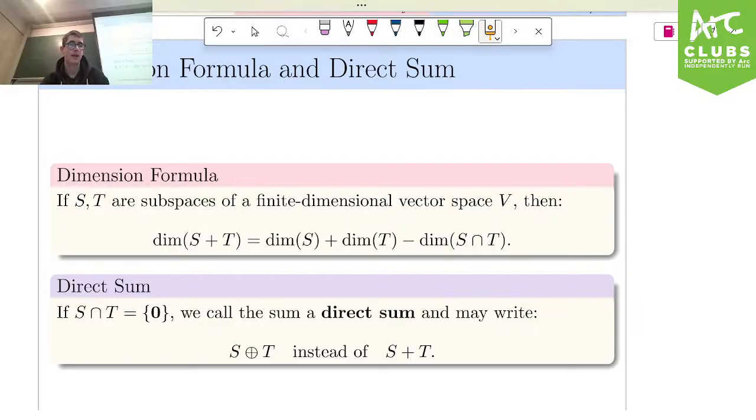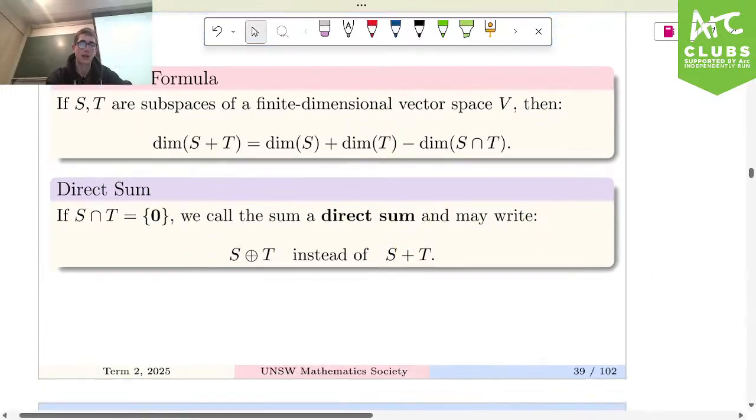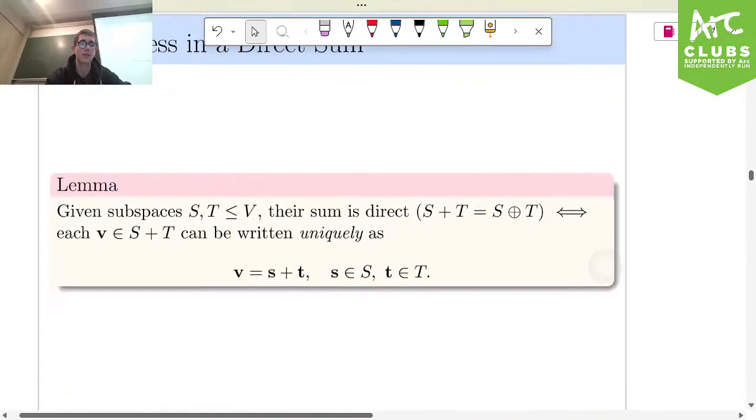That's saying that S and T are very disjoint in terms of the information they convey about vectors, so that they have no overlaps, no non-trivial intersections. So that's what we would call the direct sum. Again, this is 2601 exclusive, I believe, and we denote it with a plus that looks like it has a circle through it, instead of just the typical plus. It's that very special type of sum.